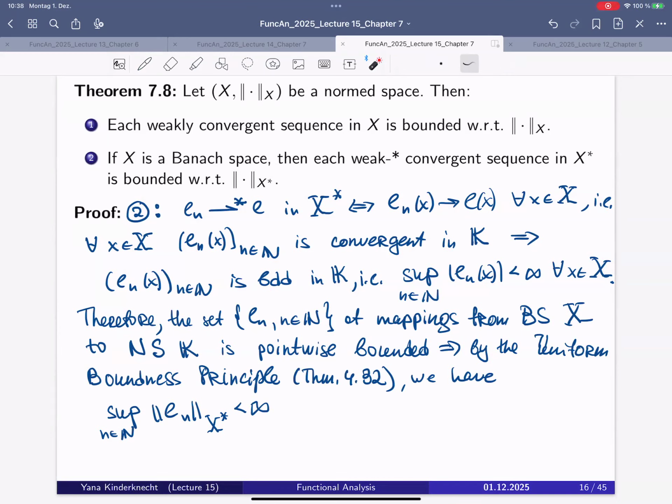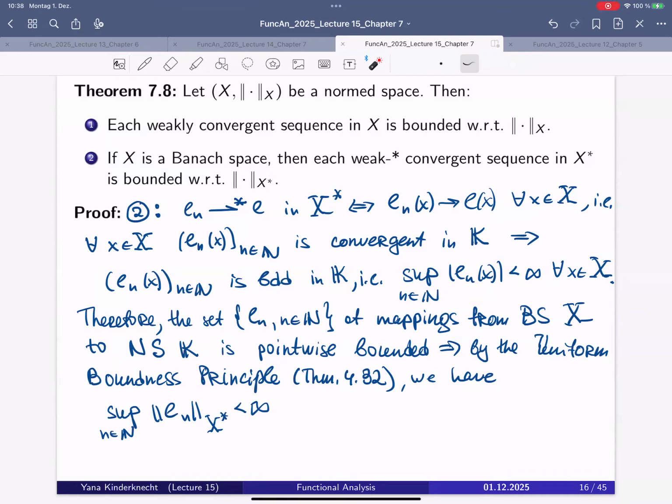Yeah, so this is where we use one of the very few important results about linear analysis in Banach spaces. So we have pointwise boundedness. From this we obtain, via the uniform boundedness principle, the boundedness of the norms.